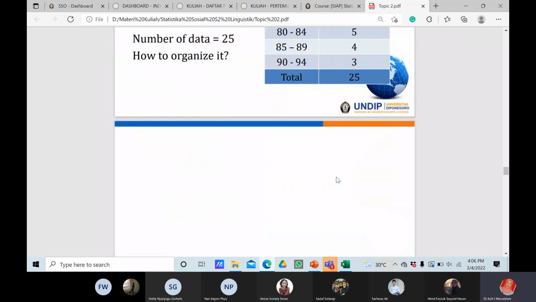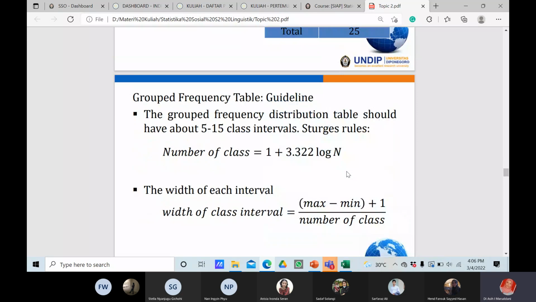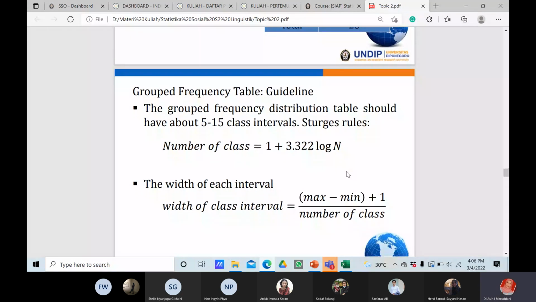Then I will tell you about the guideline to produce formally a group frequency table. The formula of number of class is 1 plus 3.322 logarithm n.